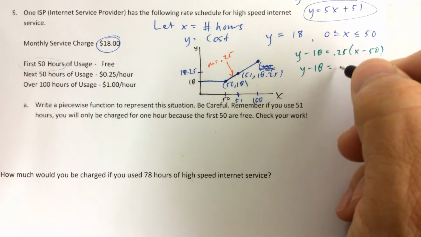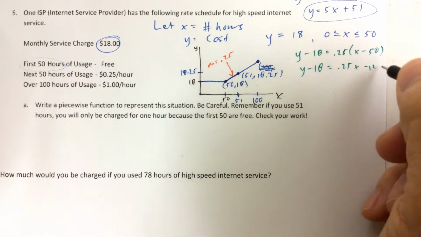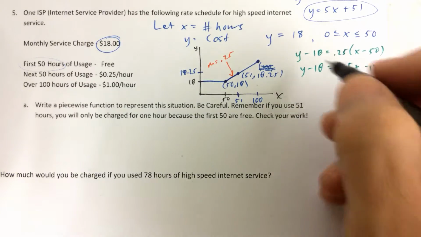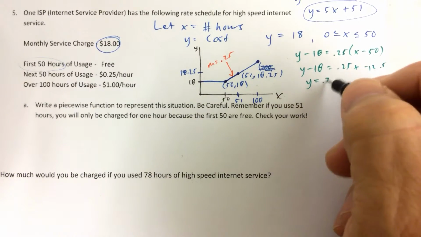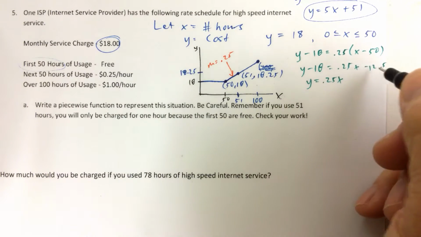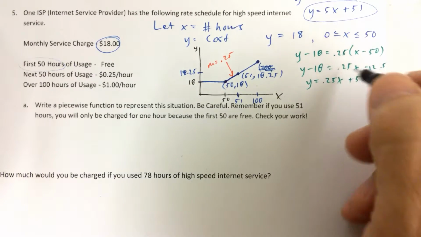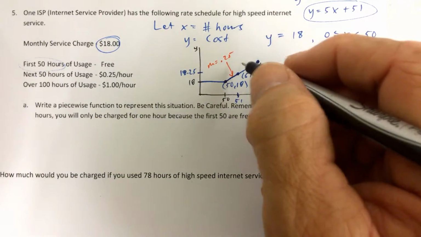If we multiply through by the 0.25, we have 0.25x. Now 1/4 of 50 is 12.5, and then if we add 18 to both sides, we get 0.25x minus 12.5 plus 18, that would be 5.5, so plus 5.5. So that's the second piece of this piecewise function.